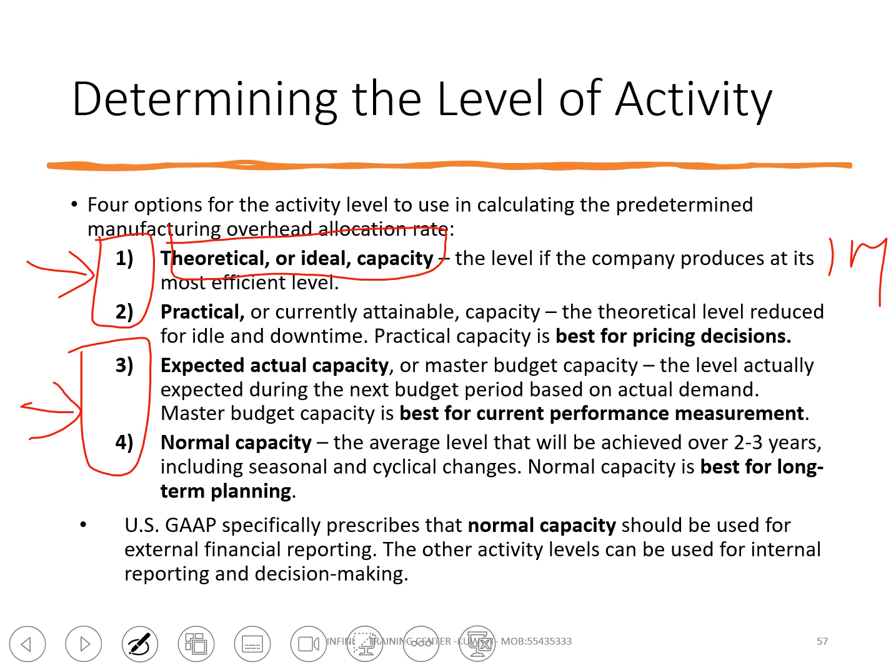So this is the theoretical or ideal capacity, we can say. When you buy this machinery, the manufacturer said in the ideal situation, most efficient level situation, you can make 1 million units. So if you take the total cost and divide by 1 million, then per unit cost is going to be very low.